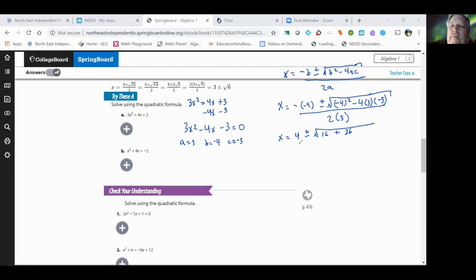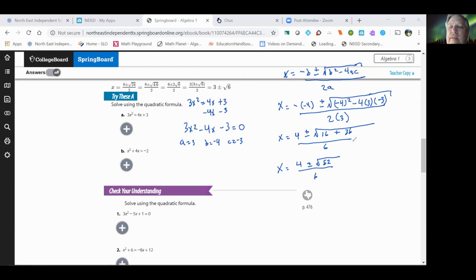So then I'm going to end up with 6 on the bottom. So x is equal to 4 plus or minus the square root of 16 and 36, which is going to be 52, all that over 6.